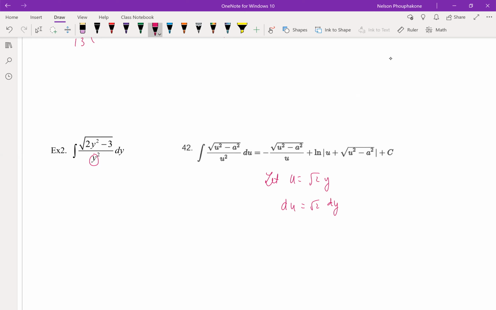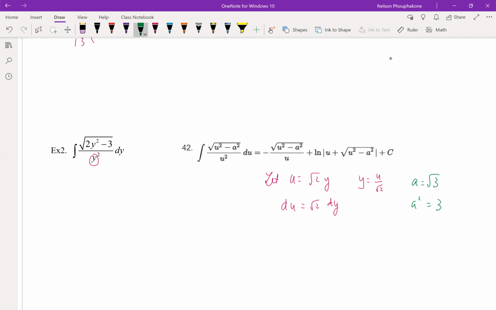So make sure that you know that y equals u over root 2. Just be careful about this. And of course, what is a now? A will be square root of 3, or probably we just need to use a squared equal to 3 here.